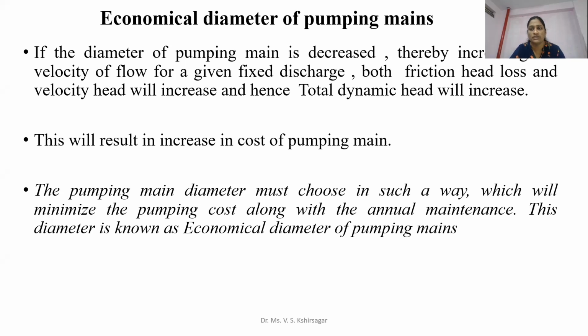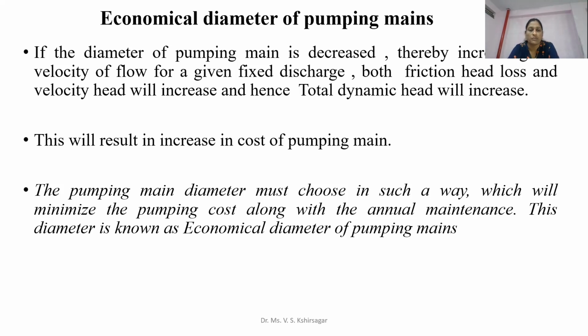So to overcome that problem, we can find the optimal diameter of pipe which will give the same fixed discharge whatever we want, and at the same time will not be that uneconomical. So both agendas can be followed; this type of optimal diameter we need to select. That is nothing but the economical diameter of pumping main.